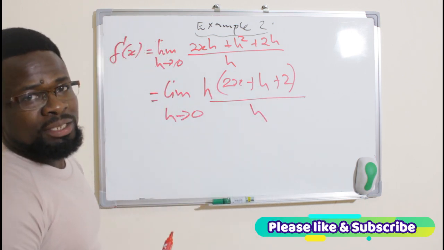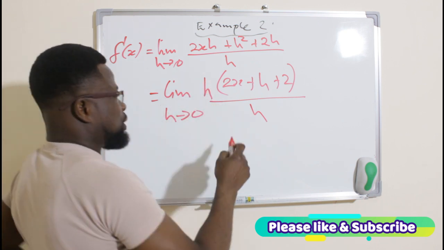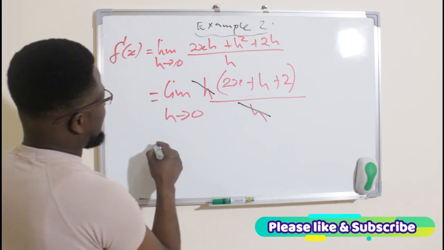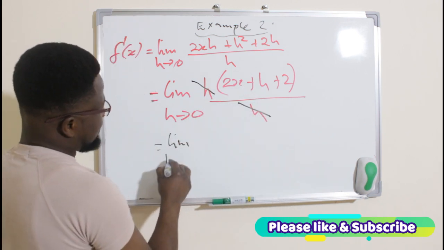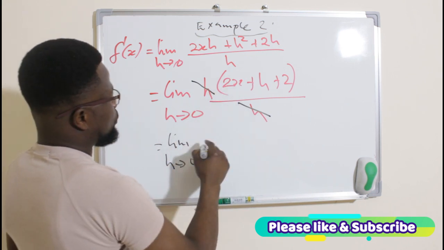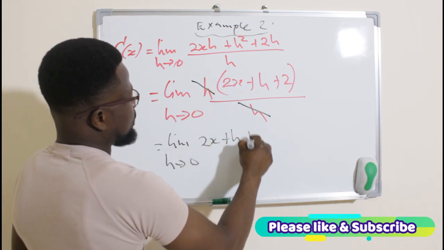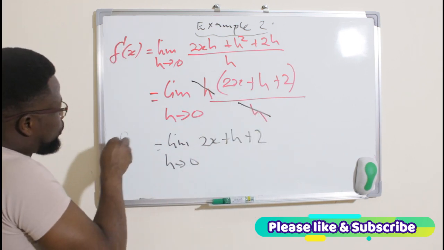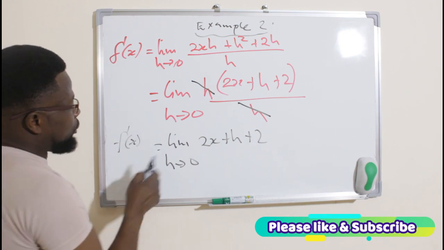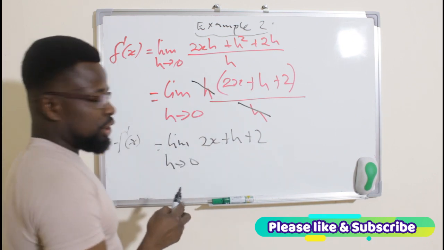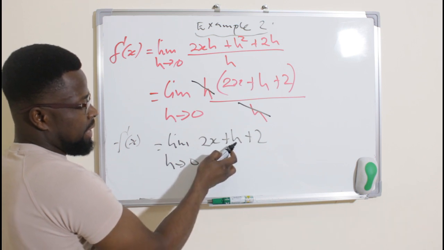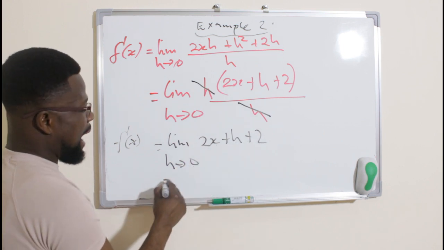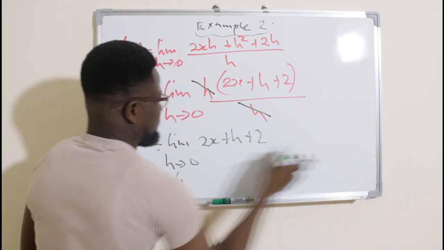And once we have this, we can see from here the h and the h will cancel out. And what we are left with is the limit as h approaches 0 of 2x plus h plus 2. And from here, we are now going to substitute the value of the h there. If I put in h here, it means that what I'm going to be left with is 2x plus h plus 2. Remember, this is not the exact value.